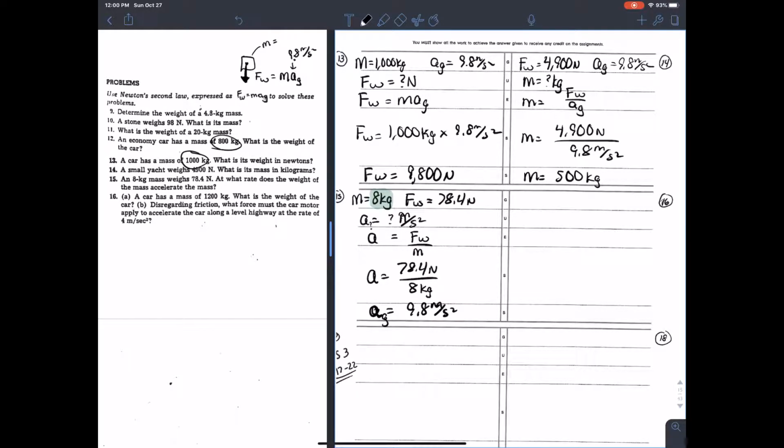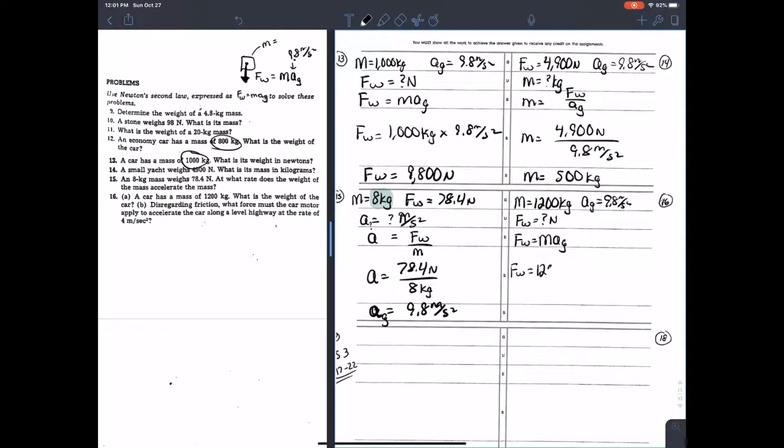Okay, we go to the last one for problem set 2. It's a 2-part question. You have a car, it has a mass of 1,200 kilograms. What is the weight of the car? So I'm going to have gravity for this part. Weight equals mass times gravity.